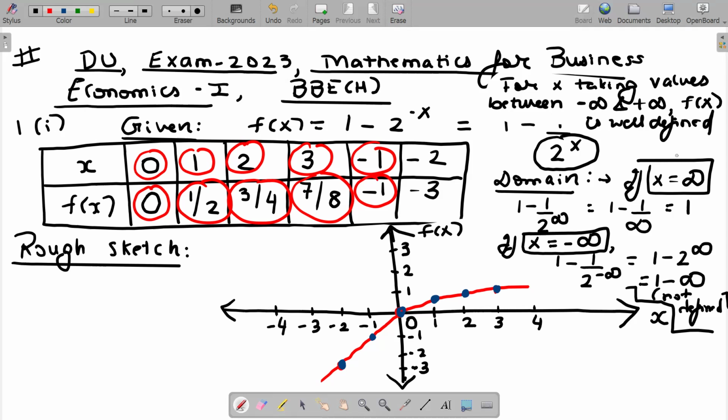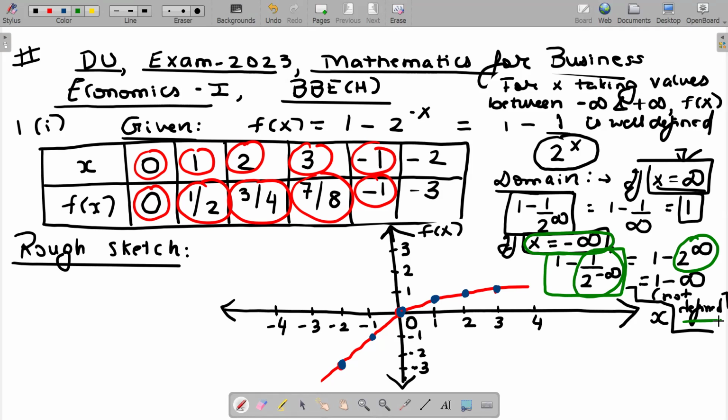And even if x takes the value infinity, again f of x is well defined, because for x equal to infinity, if I plug it in, I get 1 minus 1 over 2 to the power infinity, which is 1 minus 1 over infinity, which is 1. But the moment I take x as minus infinity, that is where the problem comes. 1 over 2 to the power minus infinity, I can write as 2 to the power infinity if I take the reciprocal, and 2 to the power infinity is infinity. 1 minus infinity is not defined.